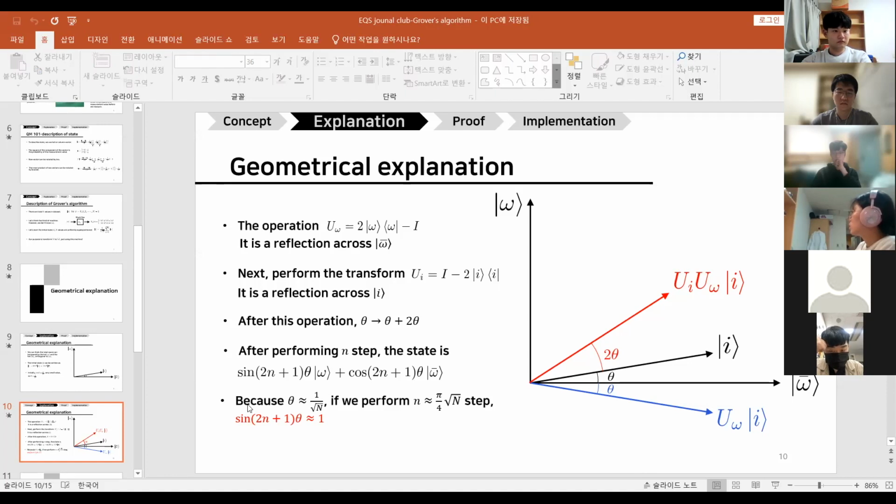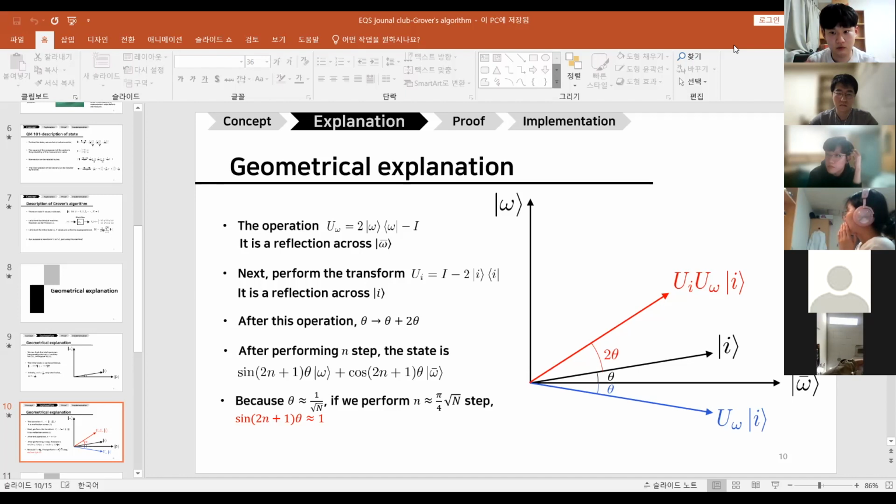Can I also ask one question? Okay. So Grover's algorithm gives a quantum speedup in an unstructured search problem. Yes. So do you think if Grover's algorithm is applied to a structured search problem, would it still give a quantum speedup? I cannot understand your question.